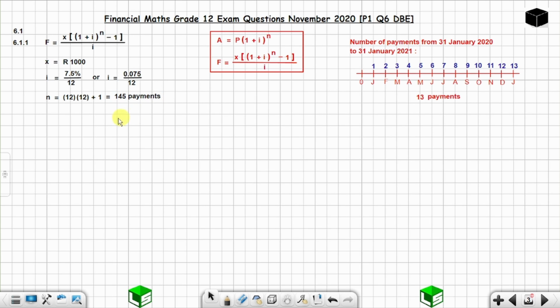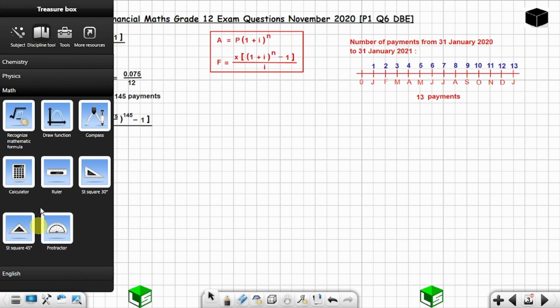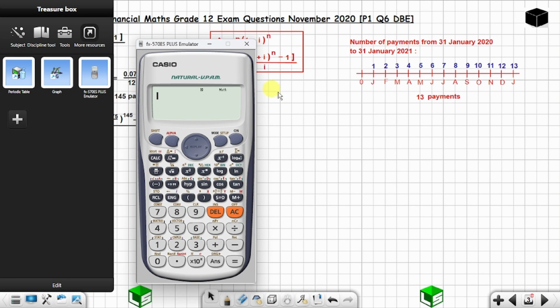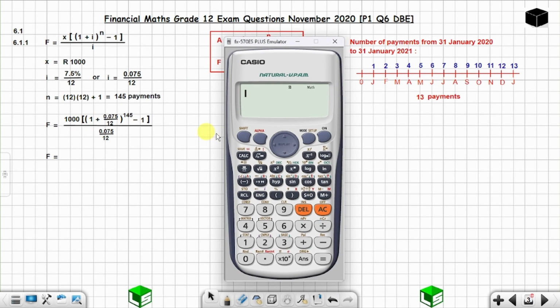So now we are going to use this formula, this one. So you have this. Okay, you're going to have this, right? Plus I, this is I, you close the bracket, to the power of n, n is 145, minus 1, you close the square bracket, over I, this is I. So F, the future value, is equal to, let's plug this in the calculator. Okay, this is what I have.